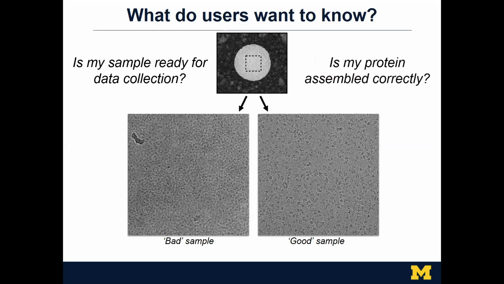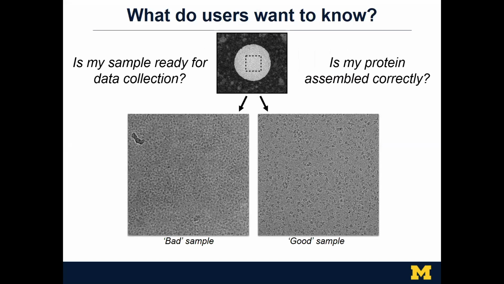So from a user's perspective, the questions users usually ask are, is my sample ready for data collection? Is my protein assembled correctly? So, for example, on the left is a bad sample. The protein concentration is too high, so that all the protein starts to aggregate or cluster together.